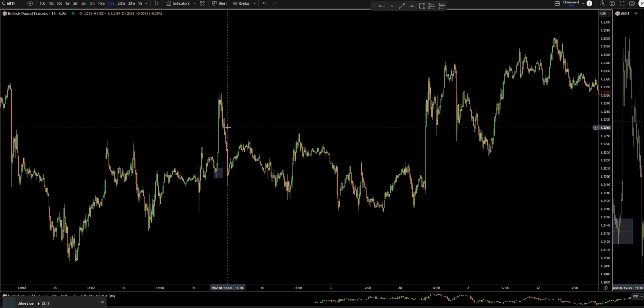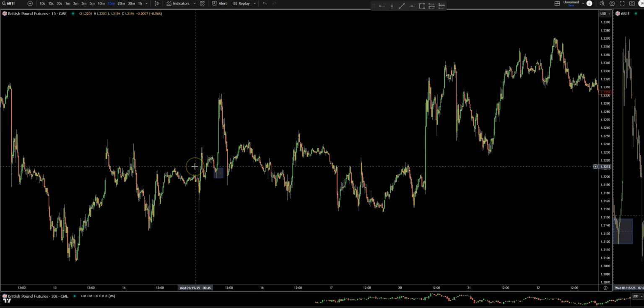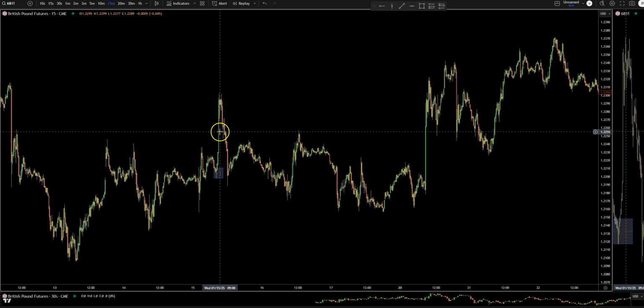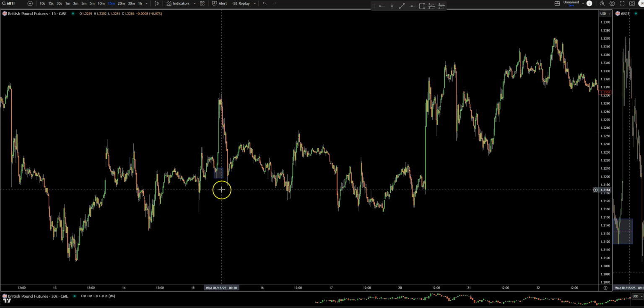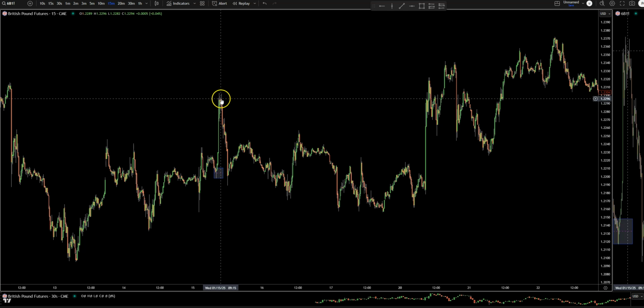Remember, what is imbalance? It is the lack of opposing orders. So what that tells us is whoever hit the buy button here, or whatever groups hit the buy button there, because it could be multiple banks, multiple institutions, put in so many orders that there were no longer sellers in the market, or no longer enough sellers in the market to fulfill their orders.